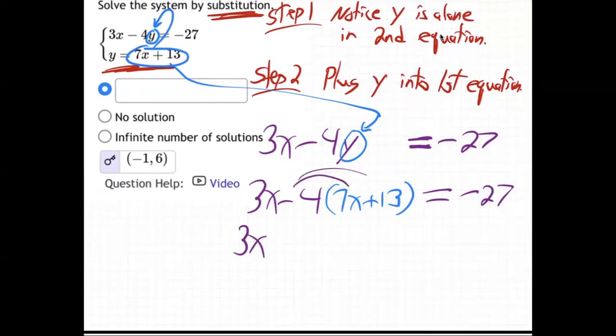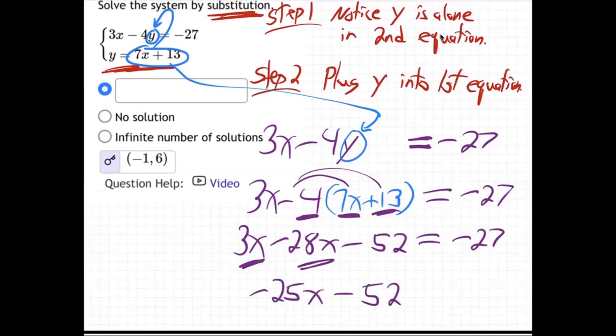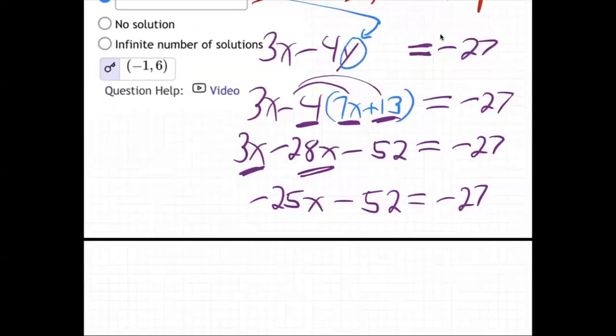So it'd be minus 28x, which is minus 4 times 7, and then minus 4 times 13 would be minus 52, equals minus 27. Okay, so now 3x minus 28x is minus 25x. Minus 52 is minus 27.